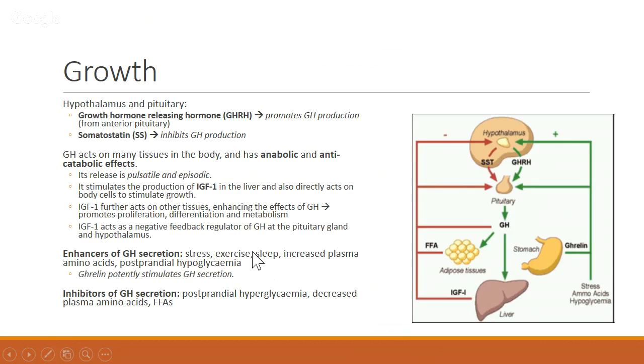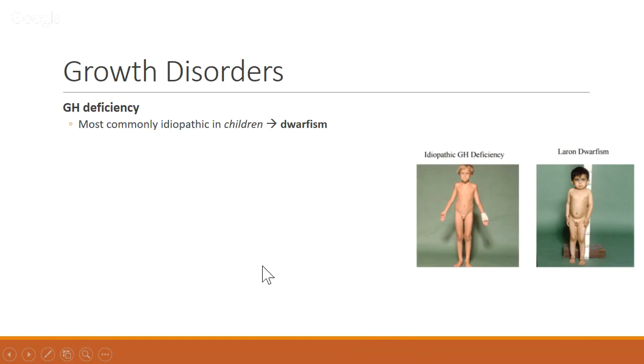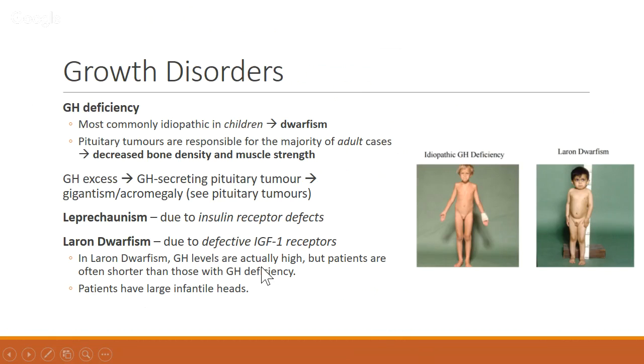Like I said earlier, whenever you're figuring out whether a hormone is going to be up or down, just think about the effects of the hormone and relate everything to that. It'll be helpful. So these are some buzzwords for growth disorders. It's worth looking through them, and they might come out, but I won't be going through them.